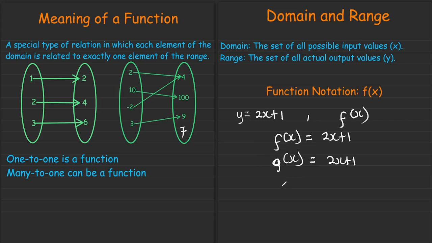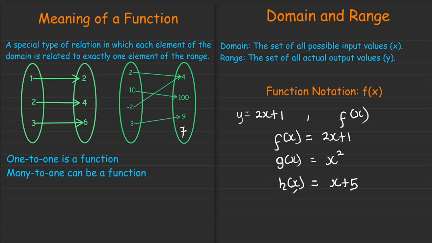If there's a third function, then you can use h of x, being another function, let's say x plus 5. So in that order, if f has not been used, you can use f, followed by g, and then h. These are all function notation: f of x, g of x, and then h of x.